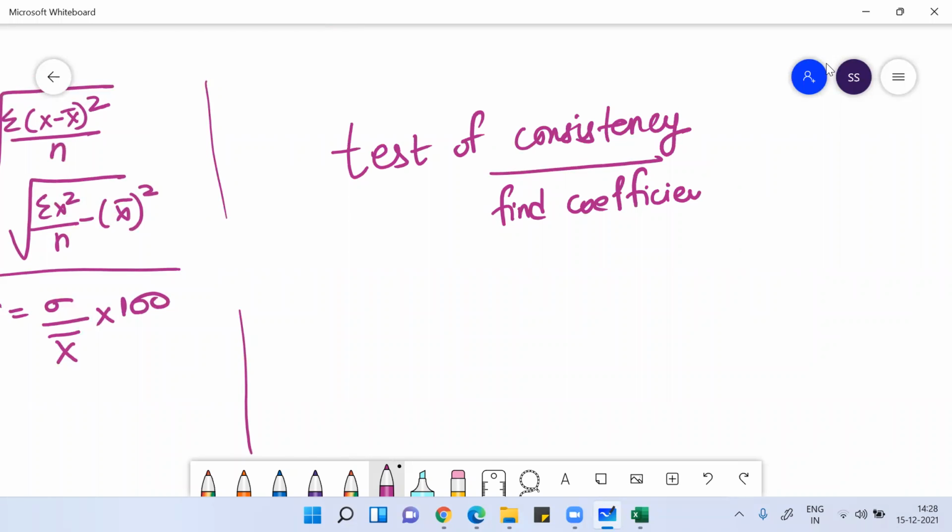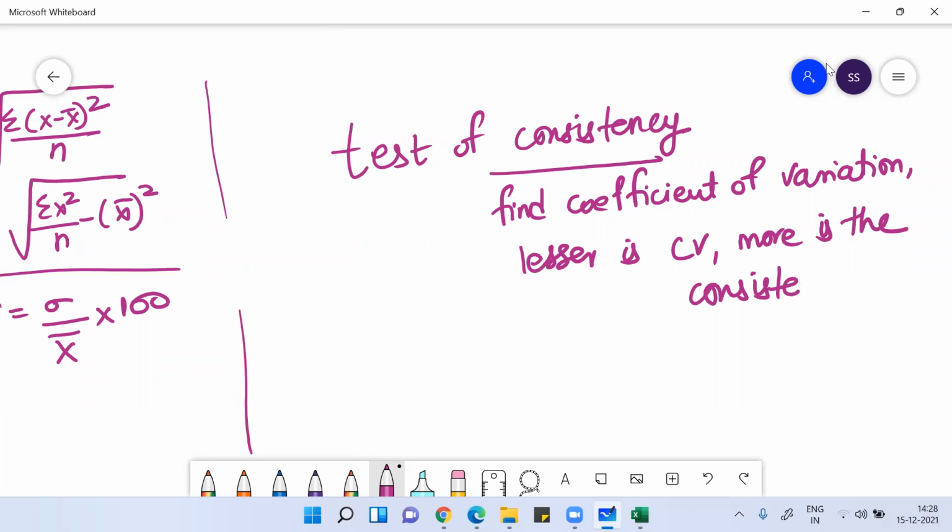If you want to do the test of consistency, you just need to find the coefficient of variation. The lesser the coefficient of variation, the more the consistency. Understand this: whenever we talk about test of consistency, we find the coefficient of variation. The lesser your coefficient of variation, the more your consistency.